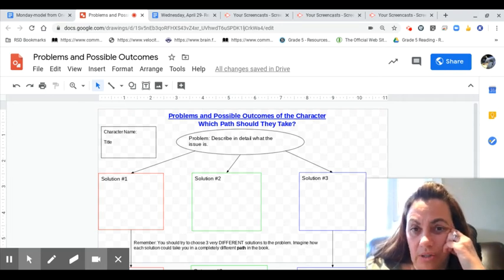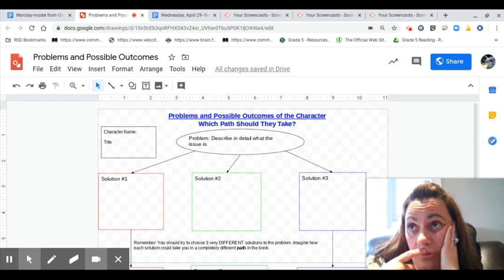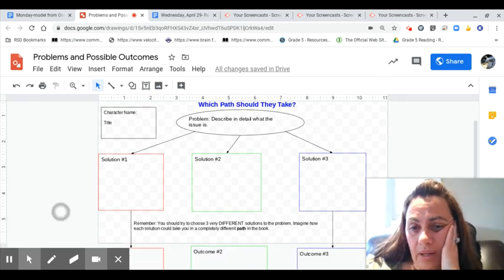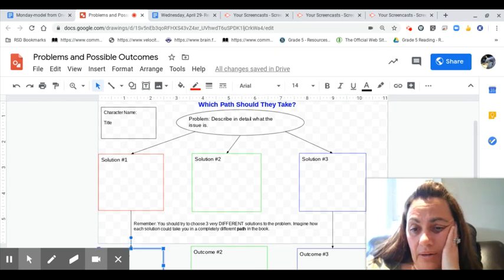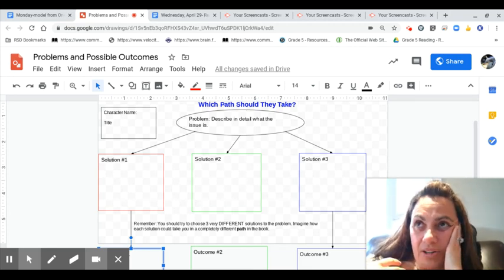Well, the first solution could be that I could have Carly go out there and Daniel completely, immediately refuse to have any assistance or help from Carly, and Carly would just go back inside. And then the outcome down here would be that, well, Daniel's still going to be frustrated. Carly's going to maybe feel defeated.